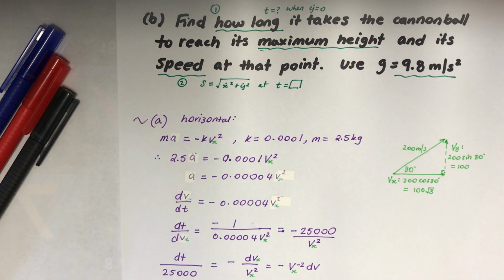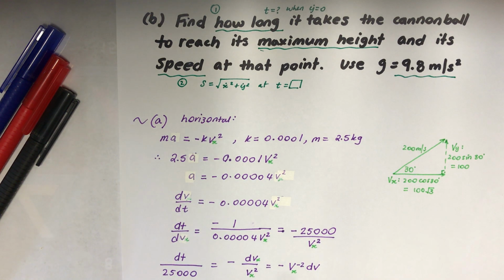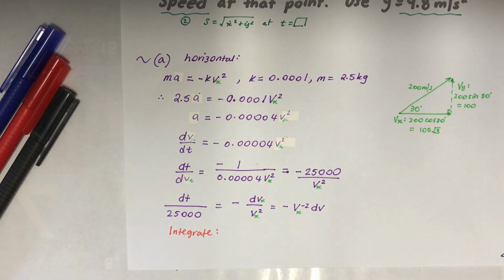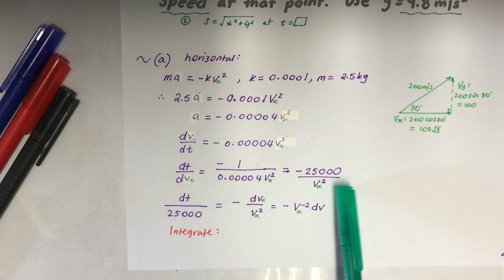Remember, the starting point is always acceleration, so you want it to be in a or x double dot. And then you're going to change into dv dt because we want it to be x in terms of t. So we're going to go down to x equals. That's our goal. So when I do that, I'll get that.